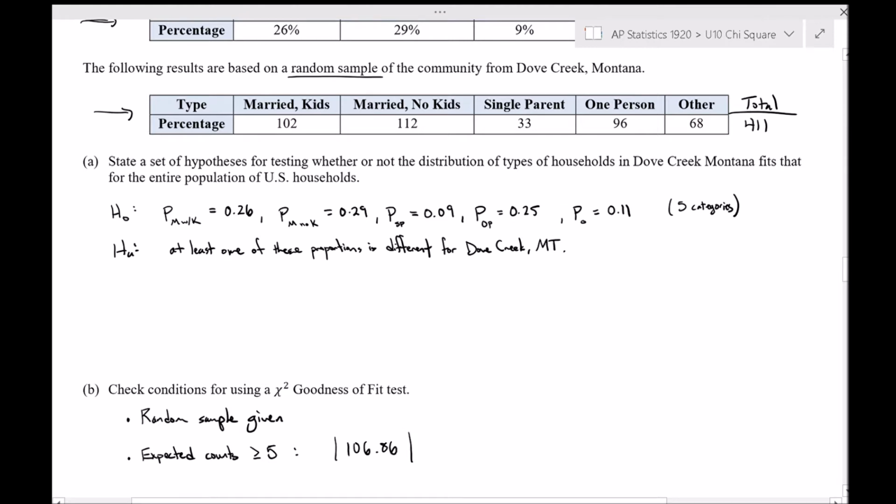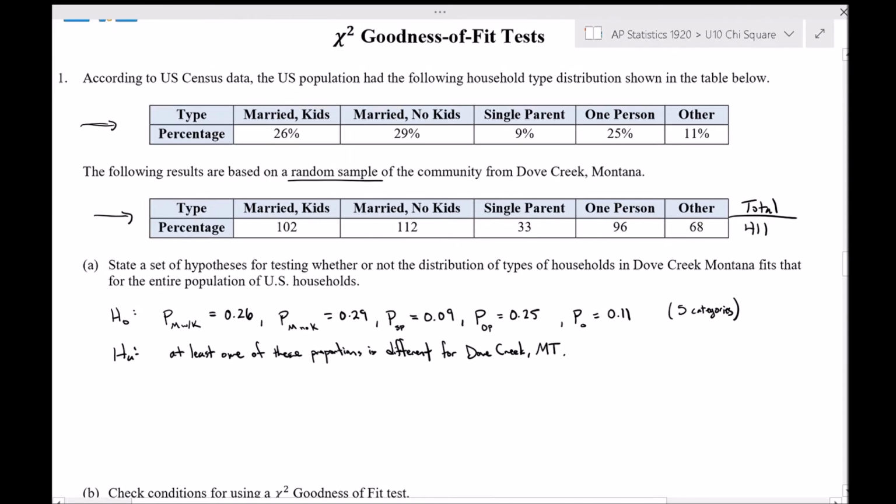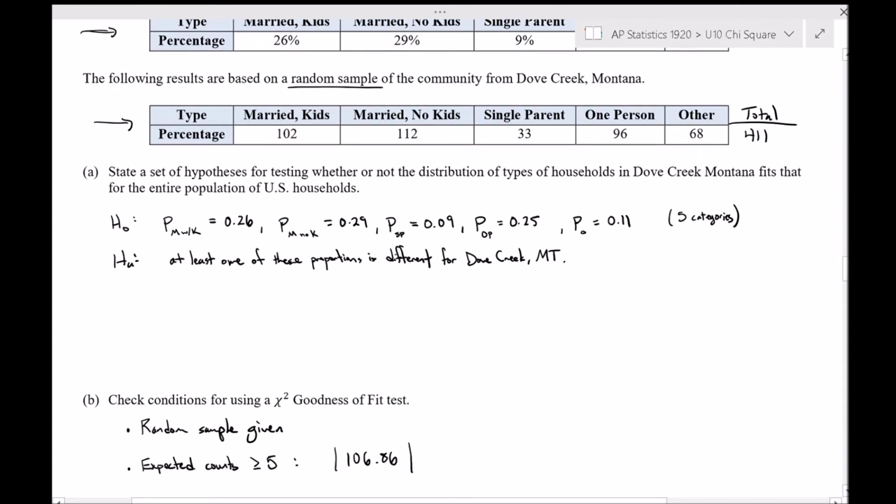Next one. 29% should have married couples with no kids. So out of the 411 times 0.29, we were expecting 119.19 households out of the 411 to be under the category married with no kids.